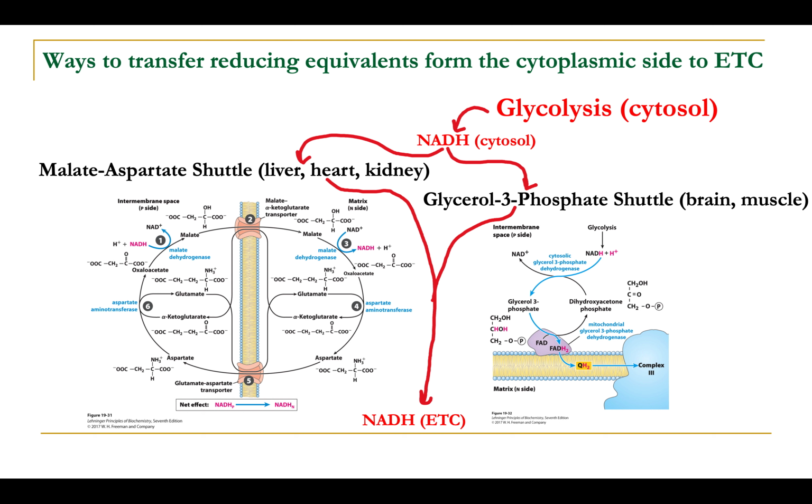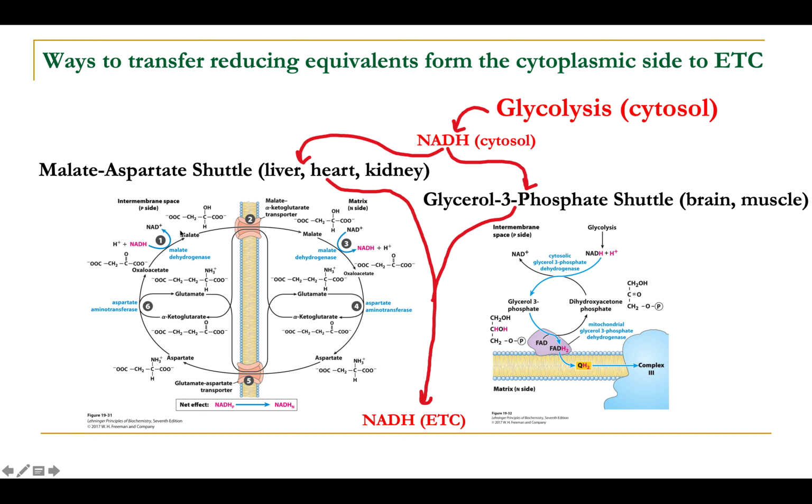And components of the same system are used to transfer reducing equivalents from the cytosol to the mitochondrial matrix when the oxidative, catabolic fates of glucose are prevalent.